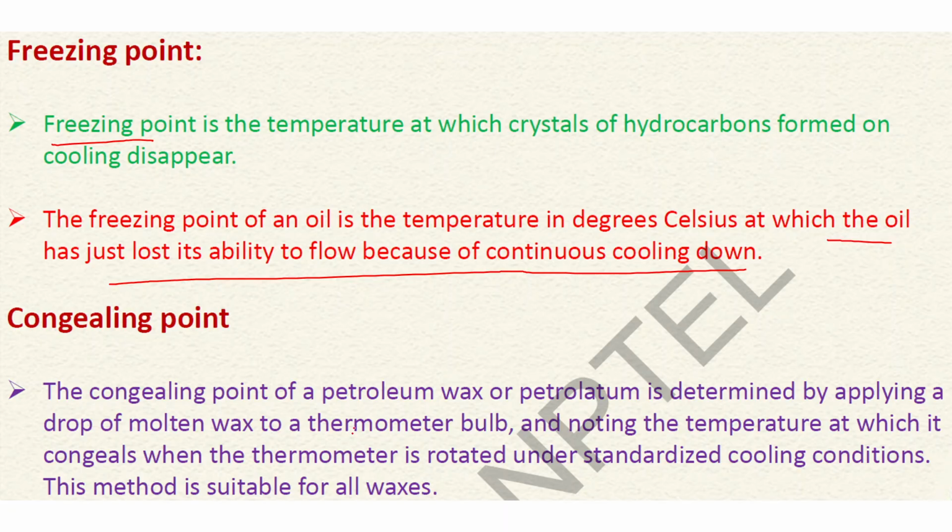Congealing point is basically a property of petroleum wax, and only for petroleum wax. It is determined by applying a drop of molten petroleum wax onto the bulb of a thermometer, and then it is stirred, rotated under standardized cooling conditions.